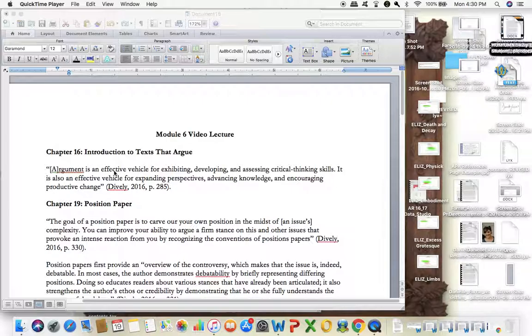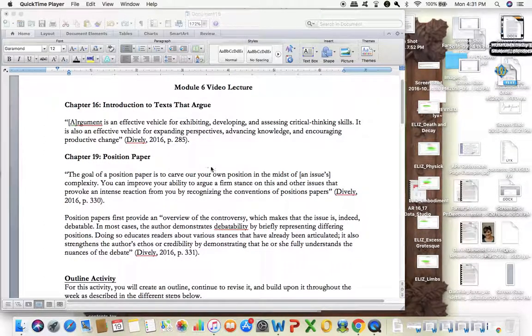The draft is actually due next week in Module 7. But all of these assignments are meant to build on each other and are related. So for this particular chapter, I'm just going to briefly talk about some of those takeaways from it.